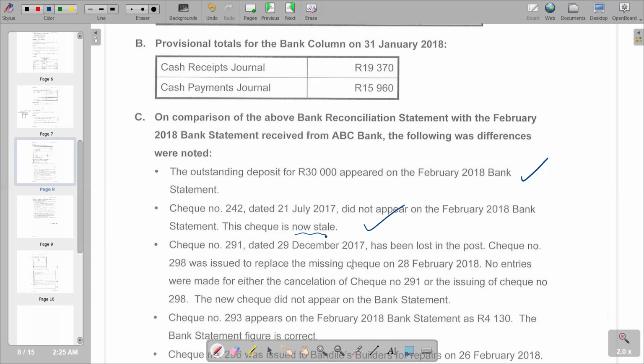So what do we need to do? We can just try to see again according to our explanation. Check number 291, dated 29 December 2017, was issued to replace the missing check on 20th February 2018. No entries were made for either the cancellation of the check. So we refer to check number 298.